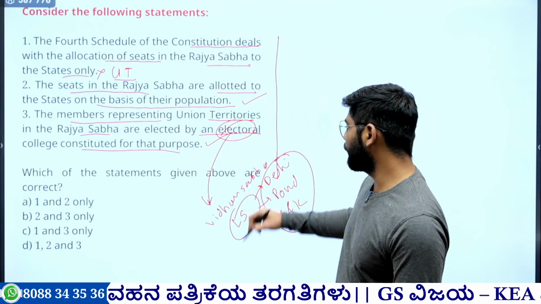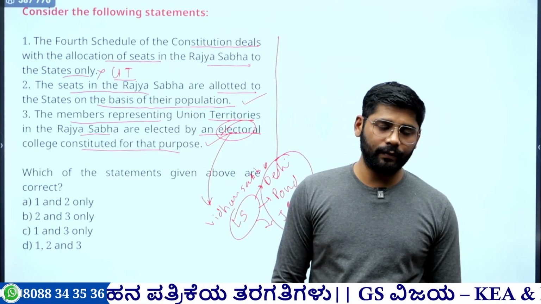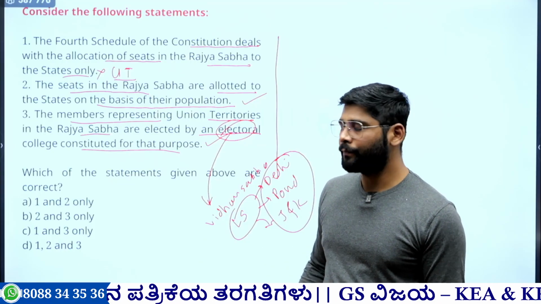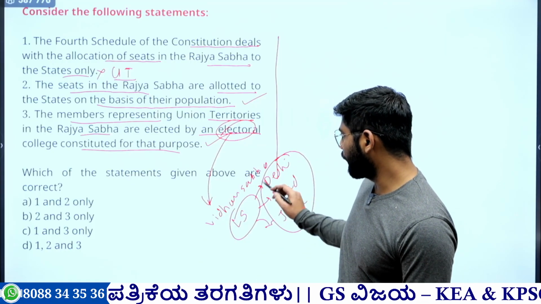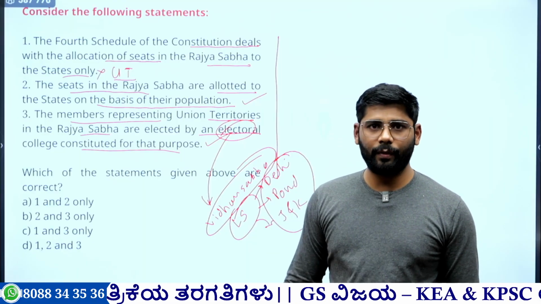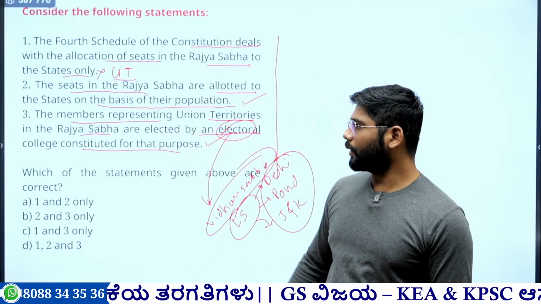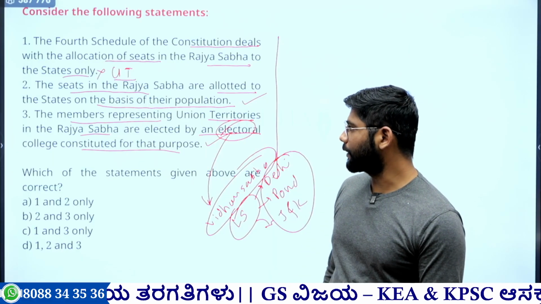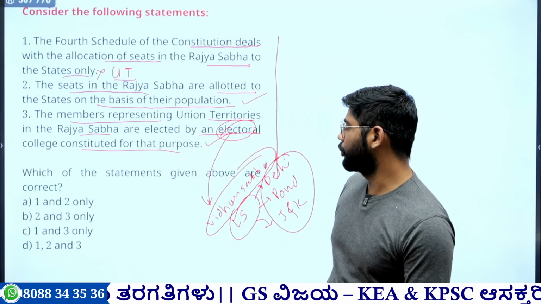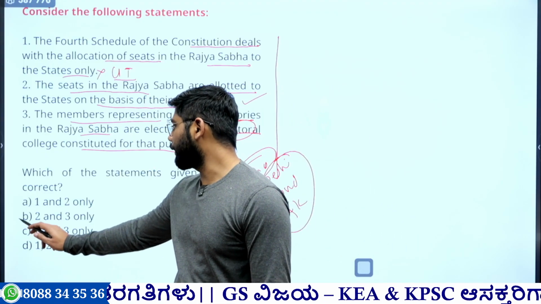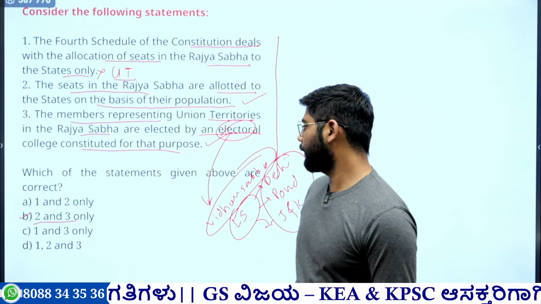So only these 3 Union Territories have representation in Rajya Sabha, and they have a Vidhan Sabha or Legislative Assembly which elects the member of Rajya Sabha from that particular Union Territory. So the first is wrong, 2 and 3 are correct here. The correct option is B.